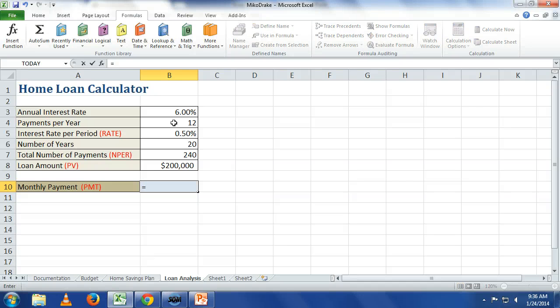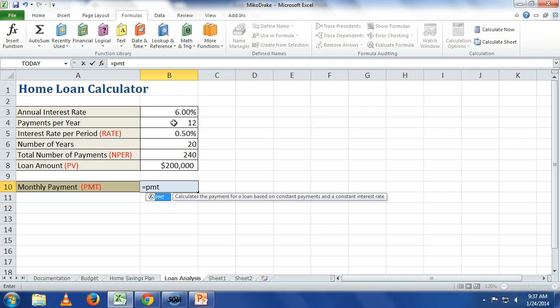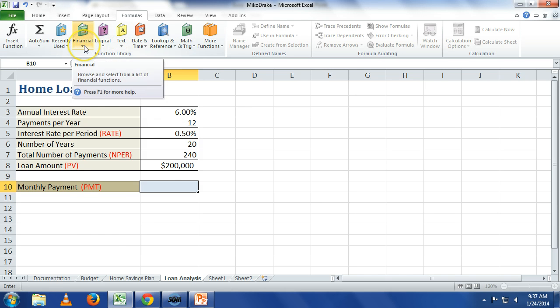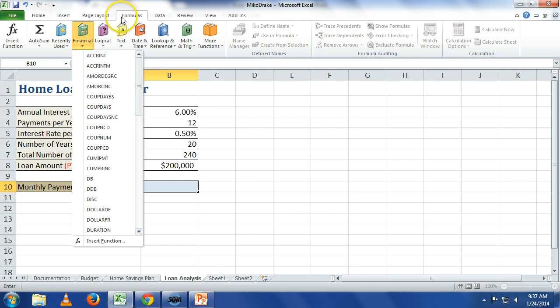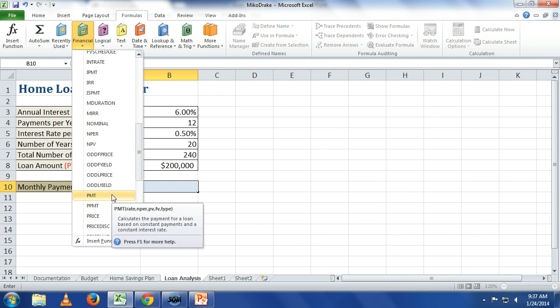The function we're going to use here is equals PMT. I'll tell you what, let's use the interface. I'm going to go up here under Formulas, and it's a financial formula, and go to PMT.